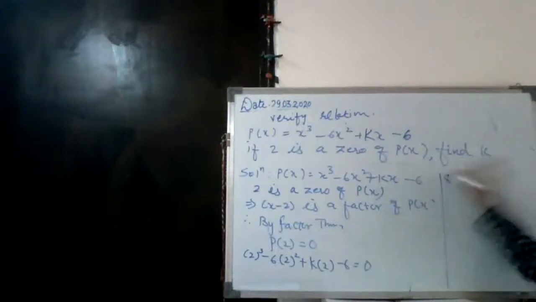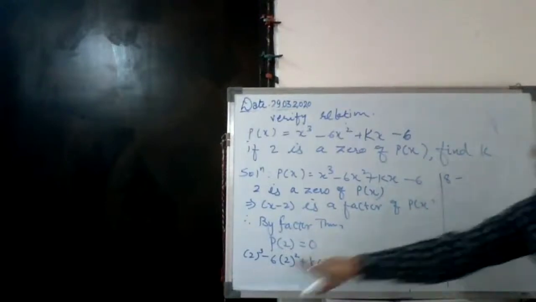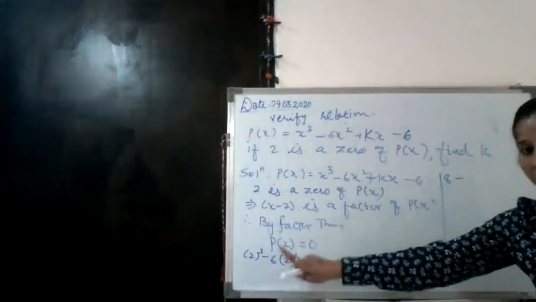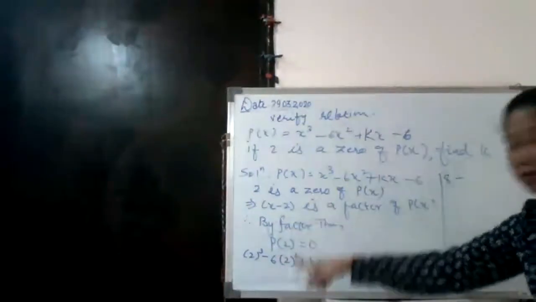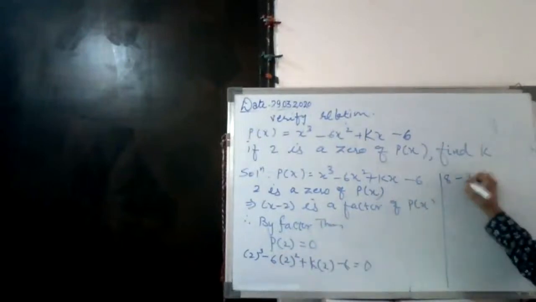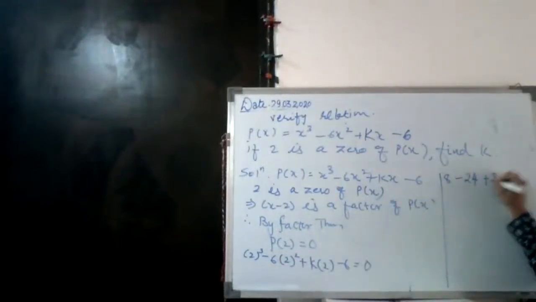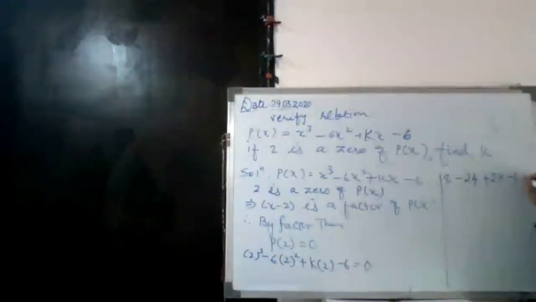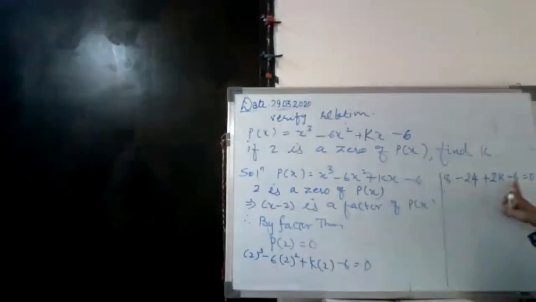So 2 cube is 8. 2 square is 4. 4 sixes are 24, plus 2 times k, minus 6 is equal to 0. So 8 minus 6, 2.